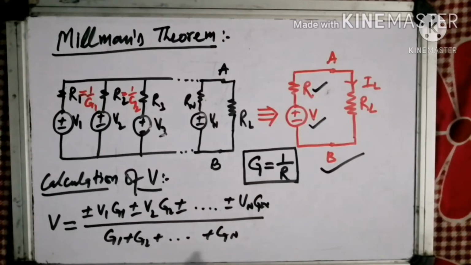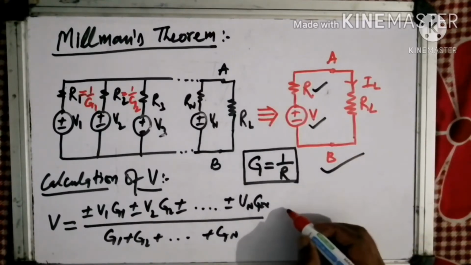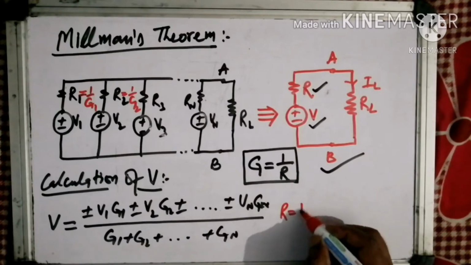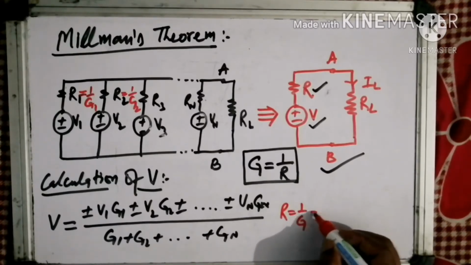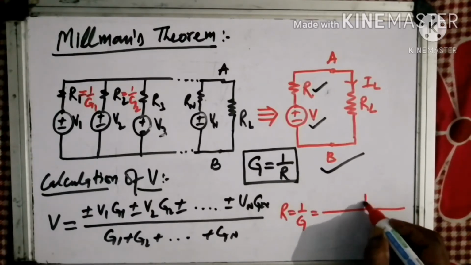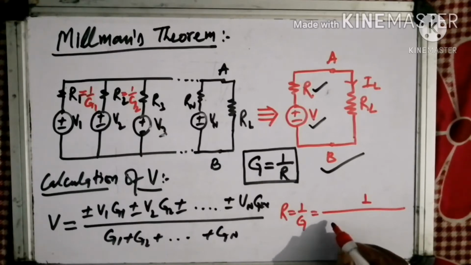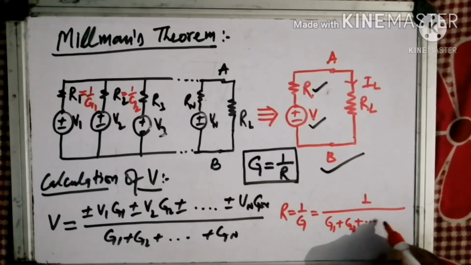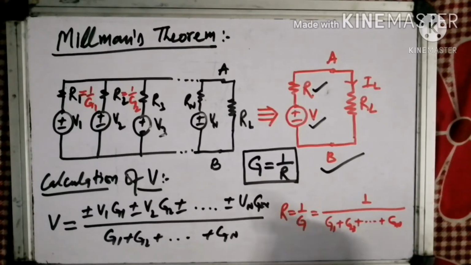Right? Now the calculation of R: R is equal to 1 upon G, which is nothing but 1 divided by G1 plus G2 plus dot dot dot up to Gn.